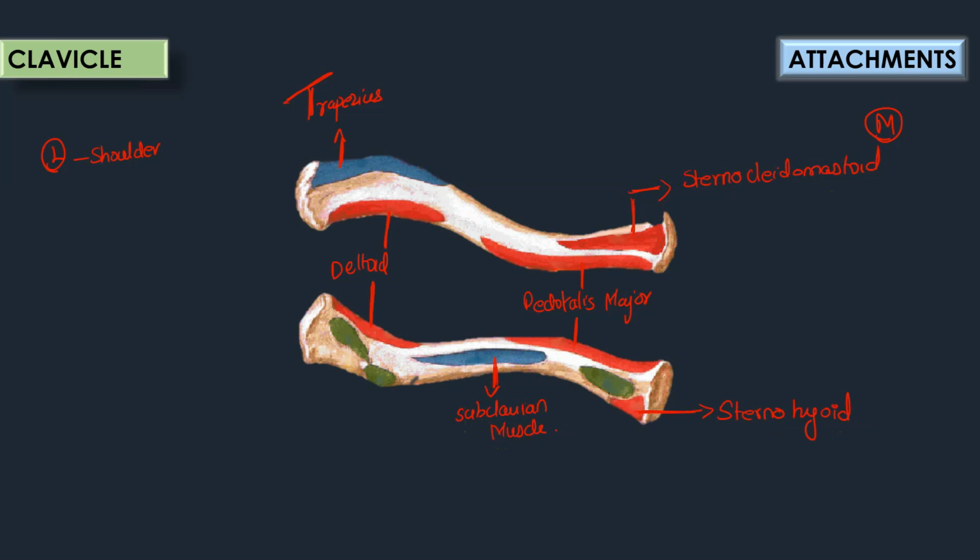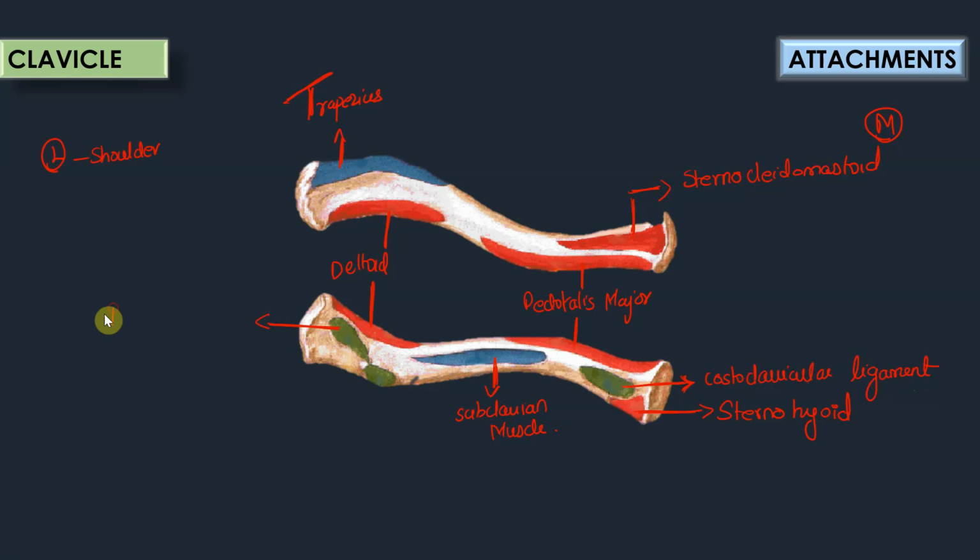Okay, let's look into the ligaments. Medially, the oval impression that we spoke about earlier. So this oval impression is for the costoclavicular ligament. And here we had two elevations, if you remember.